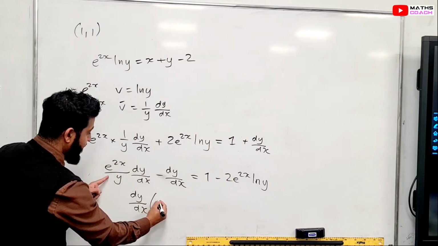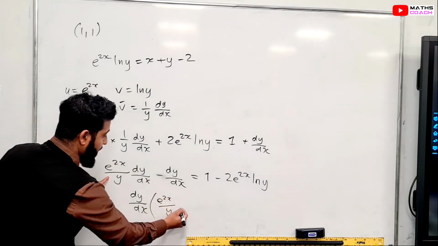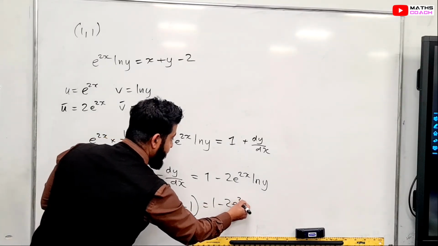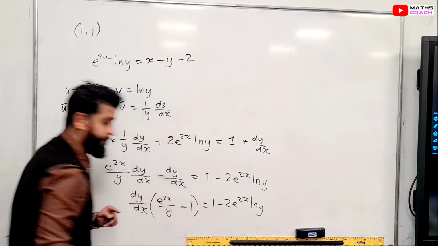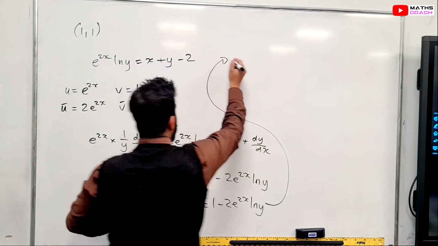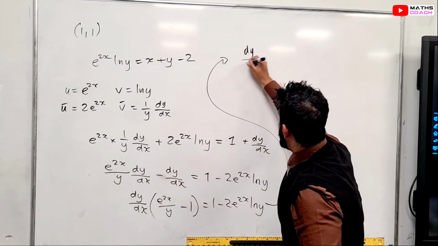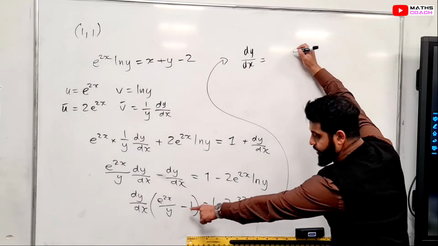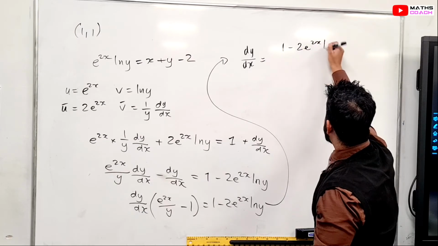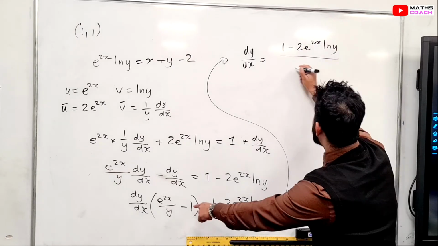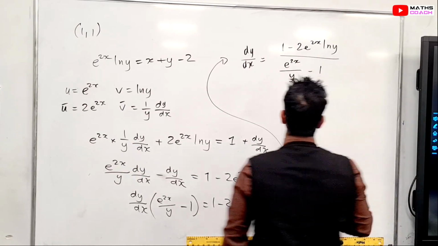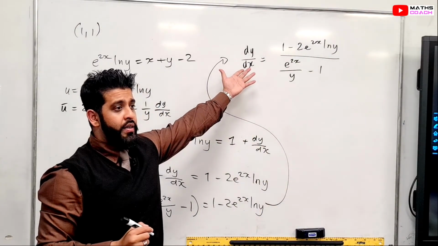So therefore this will be e to the 2x over y minus 1 is equal to 1 minus 2e to the 2x ln y. And of course the final step is to make this in the form where dy over dx is the subject. So therefore we're going to divide all of this over to this side. So we're going to have 1 minus 2e to the 2x ln y over e to the 2x over y minus 1. And now we have dy over dx.